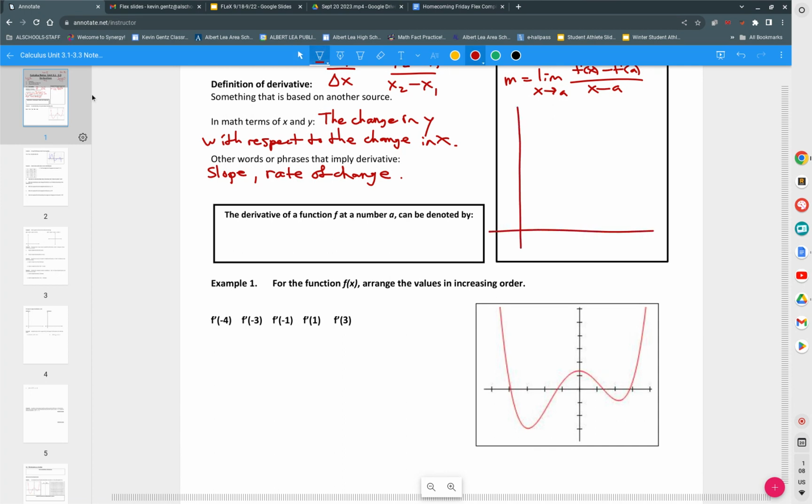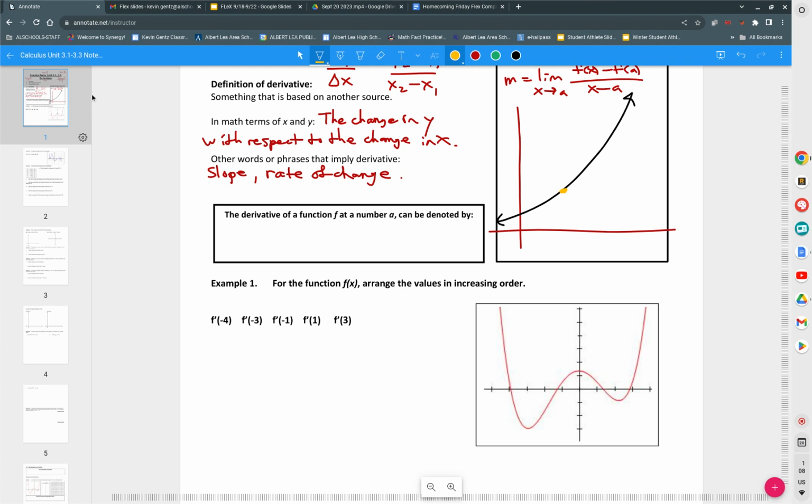We're going to draw our graph, and on that graph we'll place a function. Remember, the first goal of calculus, we said, was to find the slope of the tangent line. So that is our derivative piece that we're looking for.